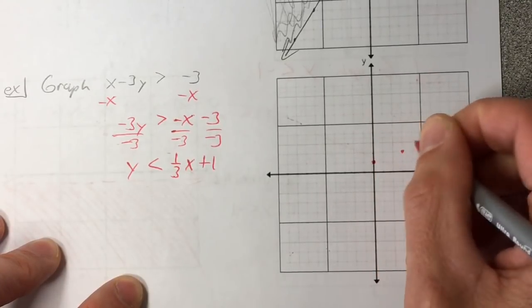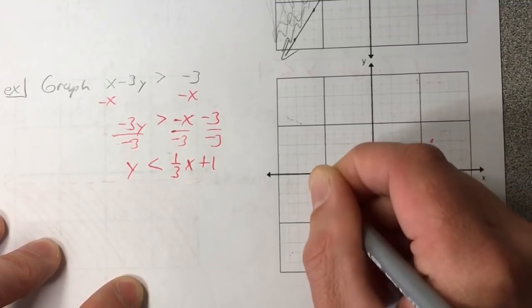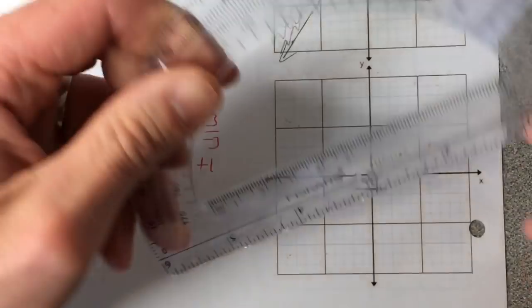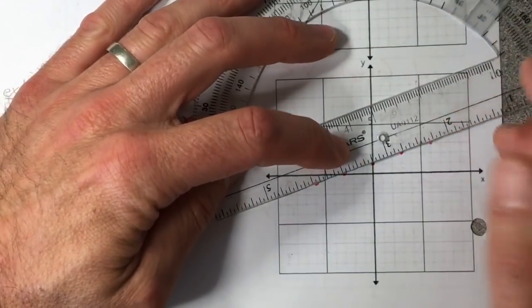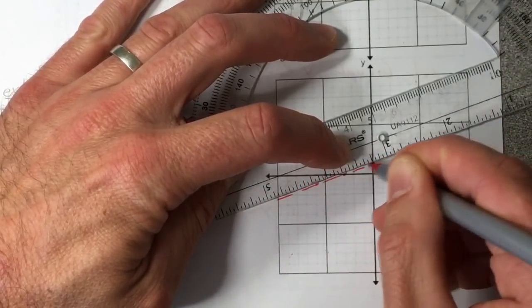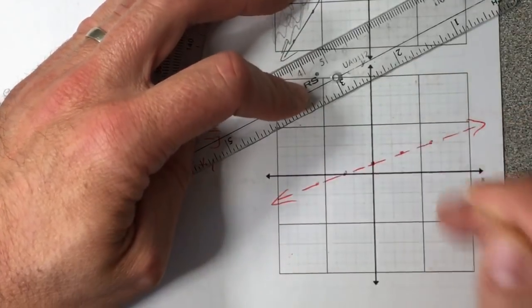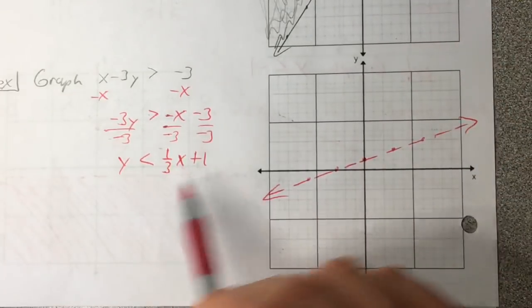Up 1 over 3, up 1 over 3. Down 1, back 3, down 1, back 3. Solid line or dashed? No equal sign, so I'm going to dash it. And y is less than.